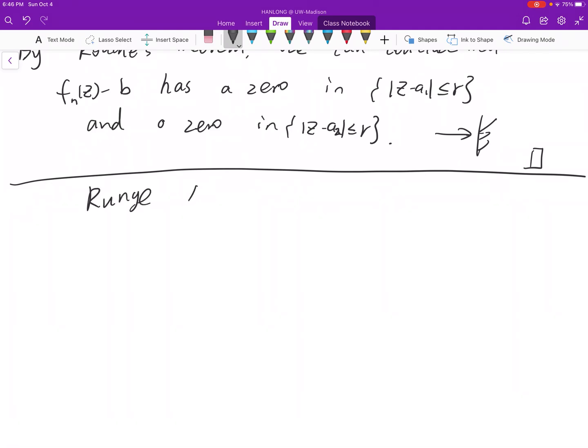Okay, next we will talk briefly about the approximation by Runge method. Actually, we can spend a lot of time on this topic. For example, how to do the cutting, how to efficiently design the method, Runge method approximation.